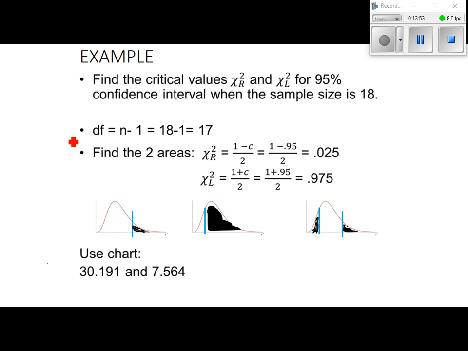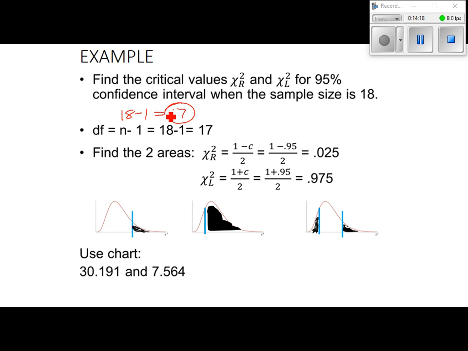An example: find the critical values, your chi-square right and your chi-square left, for a 95% confidence interval when the sample size is 18. The first thing we do, we take 18 minus 1, that's our degrees of freedom. We get 17. So our DF is 17.